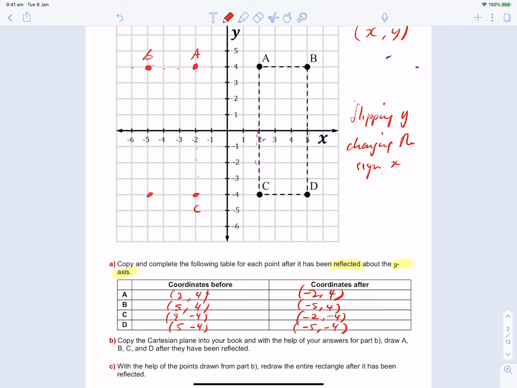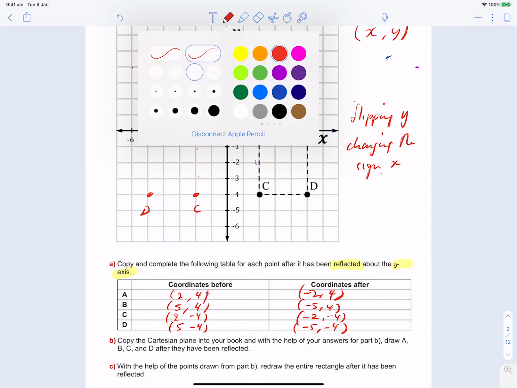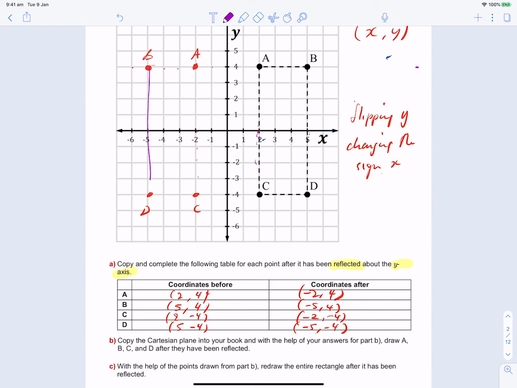C and D will be at minus 5, minus 4. Happy days. All right, now we can draw our shape in. There's my square.